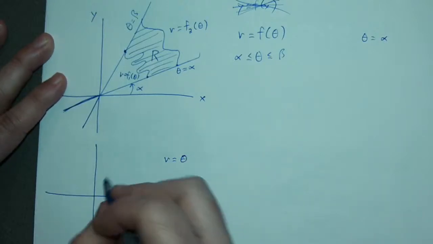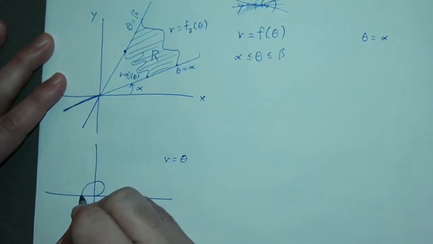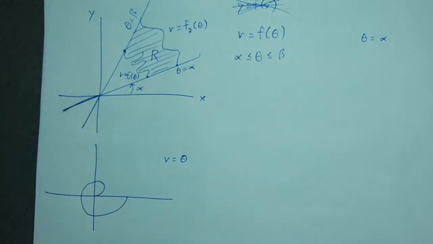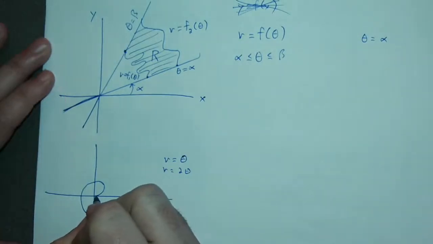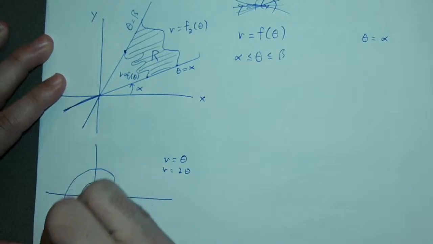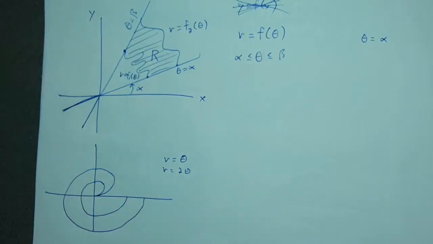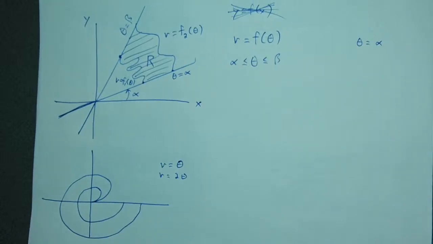So r equals theta looks like this. All right, and r equals 2 theta looks like this. Okay, and so that region that we described earlier is actually really, really simple in polar coordinates, right? No crazy functions are required here.